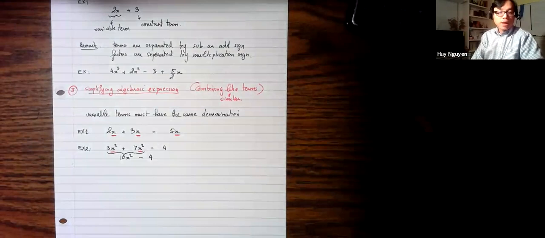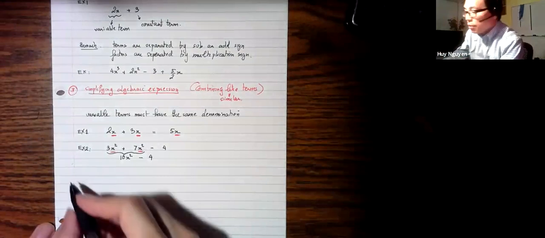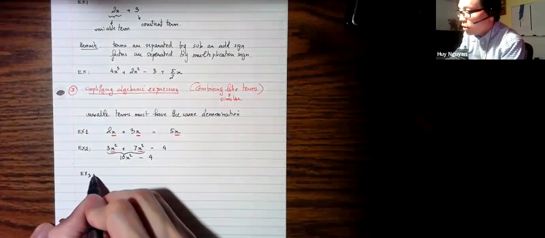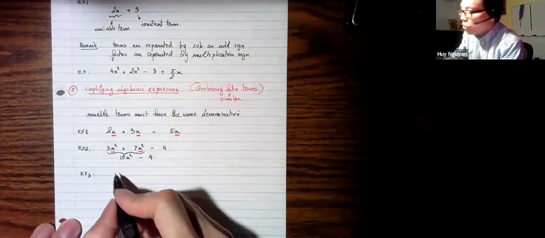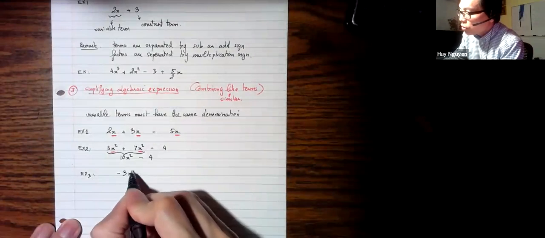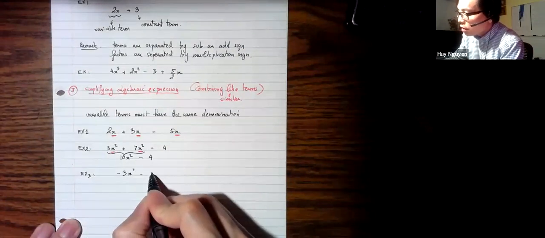In the third example, I'm going to give you an algebraic expression whose terms have different denominations. Because it's a different denomination, you cannot combine. For example, I have negative 3x to the 4th minus 2x.